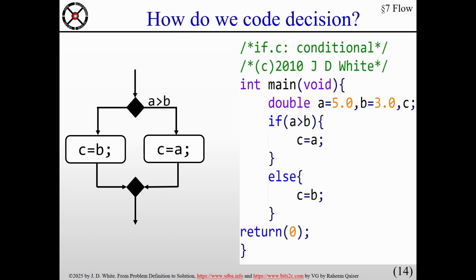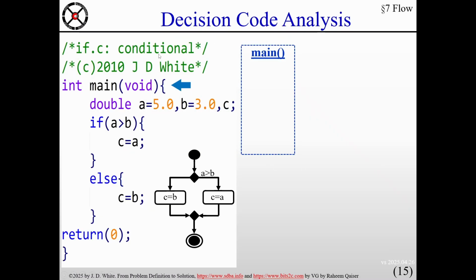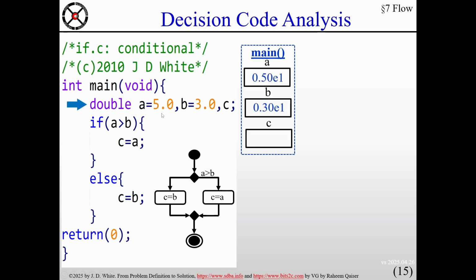All right. With this code, let's try to understand it in a little more detail. Let's walk through it. Okay, the analysis. We start with integer main void, double A, put the value of 5 into container A, the value of 3 into container B, and don't do anything with container C. Now, if A is greater than B, is A greater than B?